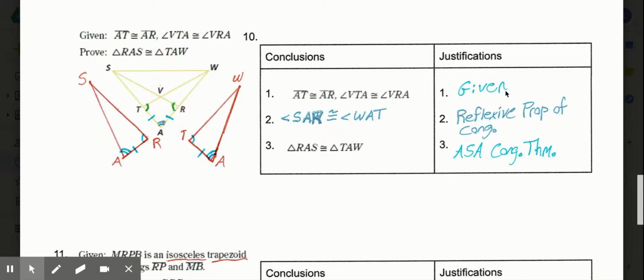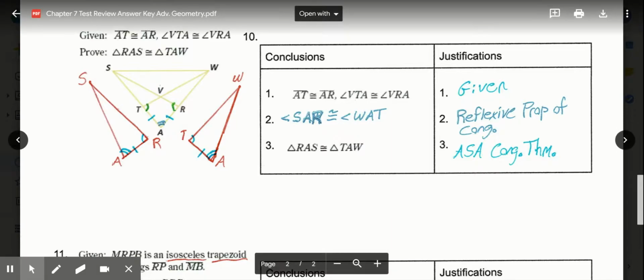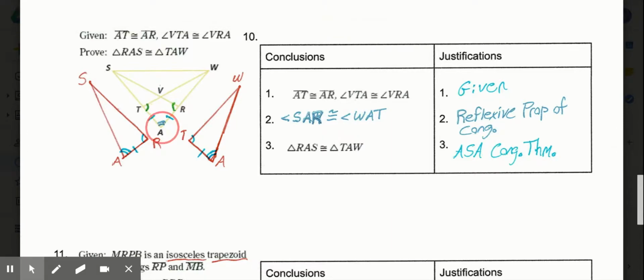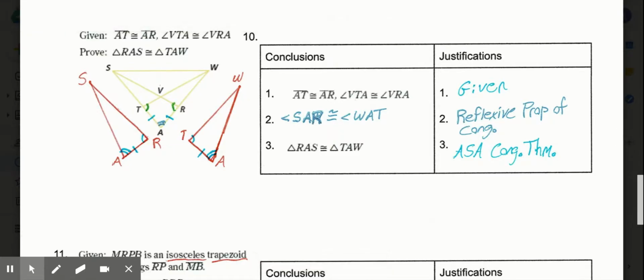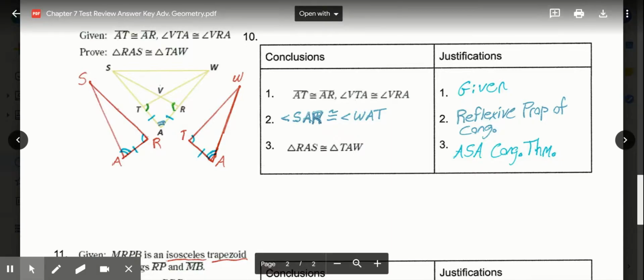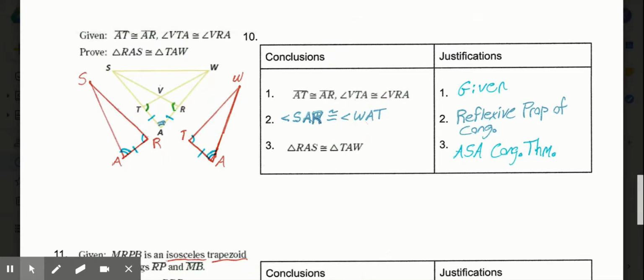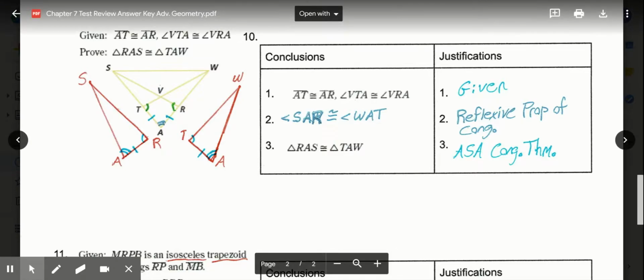Then we needed to find another shared part that we knew was congruent. Well, angle A right here was shared by both triangles. So angle SAR is congruent to angle WAT by the reflexive property of congruence. Even though it's named with different points, it's still the same angle, so it's the reflexive property.